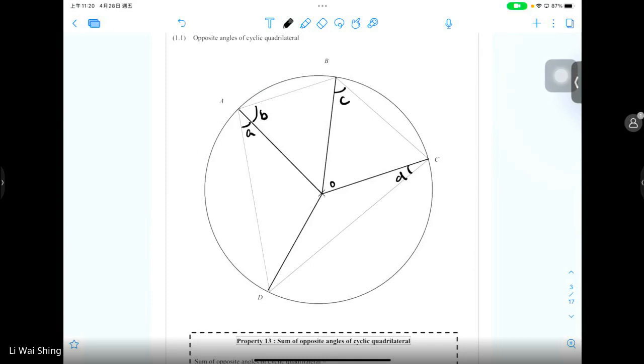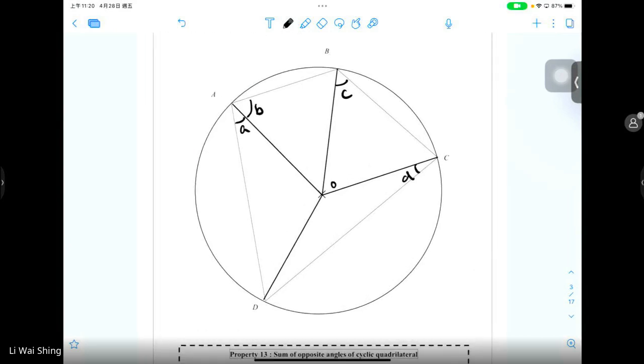So since O is the center, what can you derive from this information? O is the center, therefore, what is the relationship between these 4 lines? Well, they are radii, so they are equal, right? So all lines here are equal.